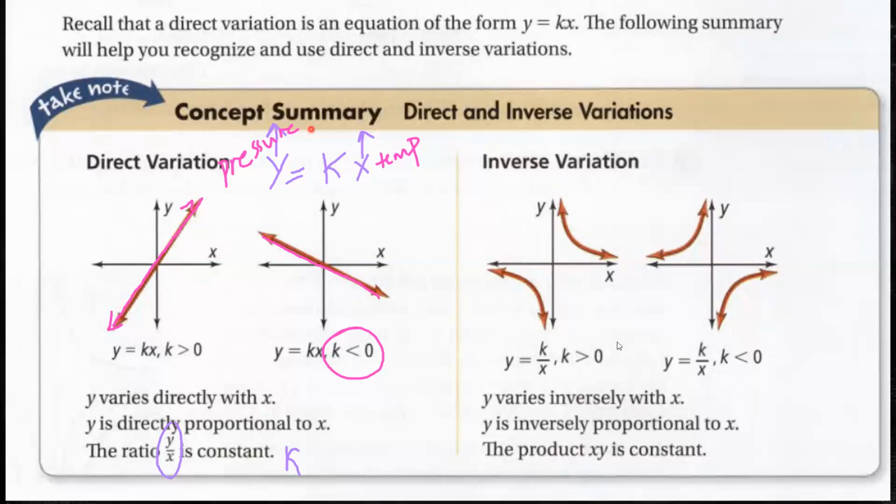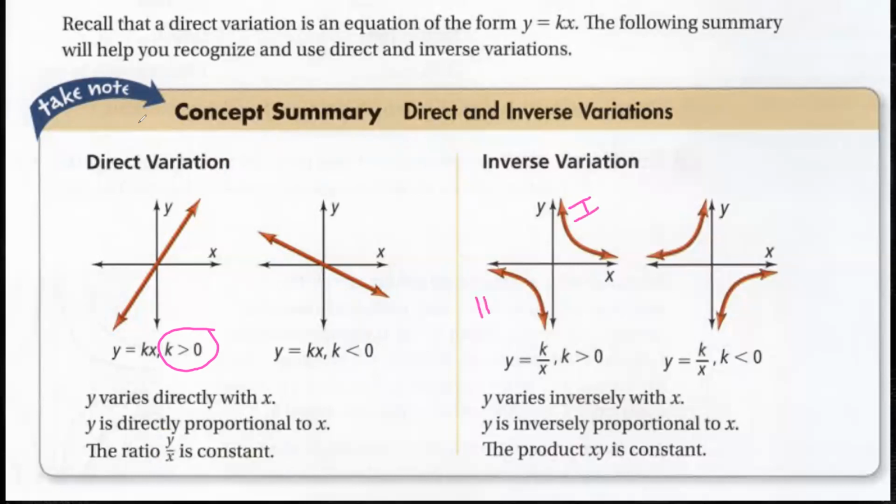Let's see now, if k is greater than 0, both of them must be in the first and third quadrant. But if it is direct, it comes like a line, and if it is inverse, it comes like a curve. The curve does not intercept the axis, but the line does.